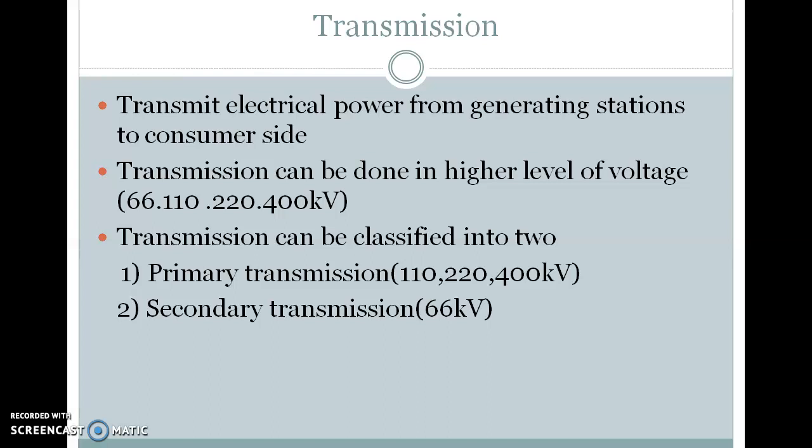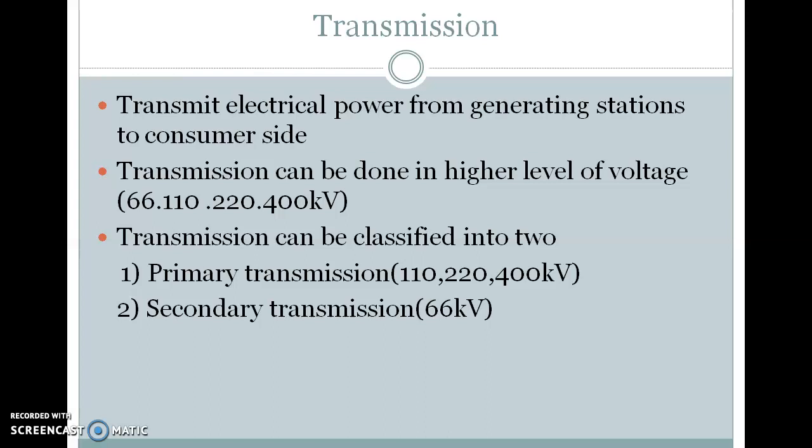Transmission can be done at higher voltage levels, like 66 kV, 110, 220 or 400 kV. Actually we generate electricity at the level of 11 kV, and for transmission purposes we increase the voltage level from 11 kV to different levels, like 66, 110, 220 and 400 kV.